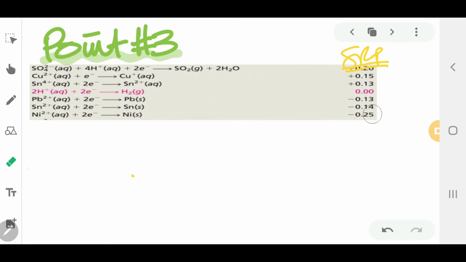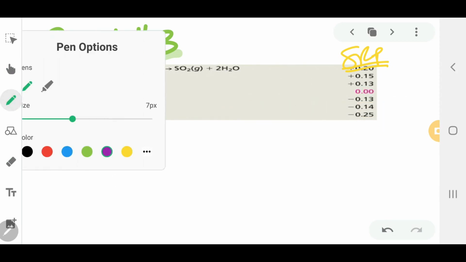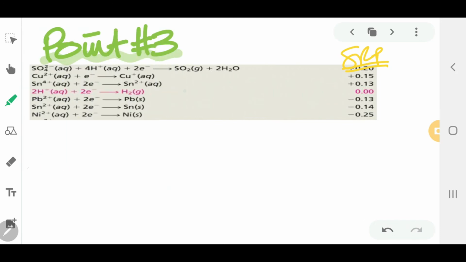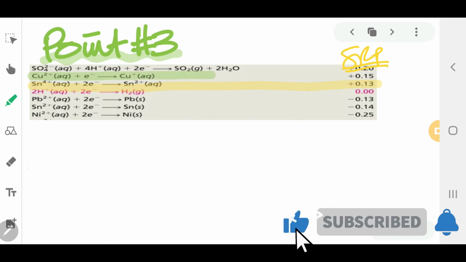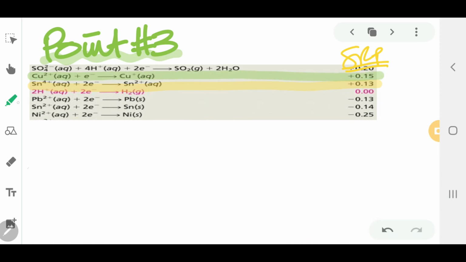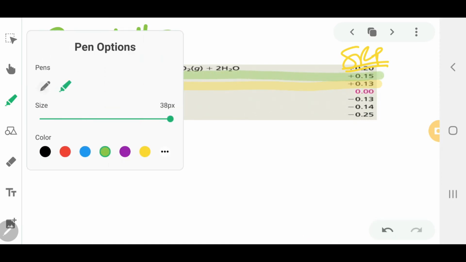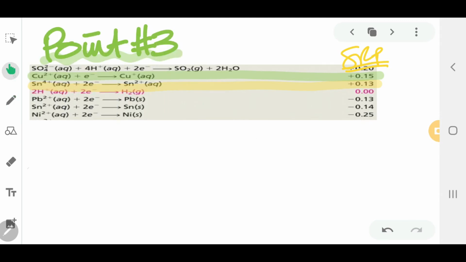Okay, so let's say this time, I want to build half cell between this, and I'm going to use green this time, and this one. So which one is going to be the anode? The one that will become the anode is the one with more negative SRP value.